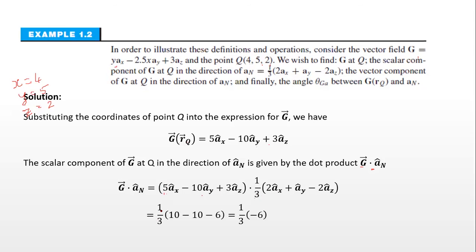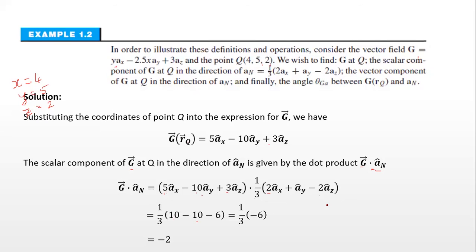Or you can take this 1 by 3 outside, then multiply this. 5 multiplied by 2 is 10. Then minus 10 multiplied by 1 is minus 10. Then 3 multiplied by minus 2 is minus 6. If you simplify, 10 minus 10 minus 6 is minus 6. So 1 by 3 into minus 6 is minus 2. This is the scalar component of vector G in the direction of vector an.